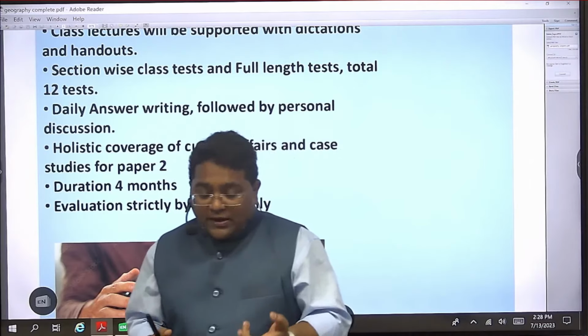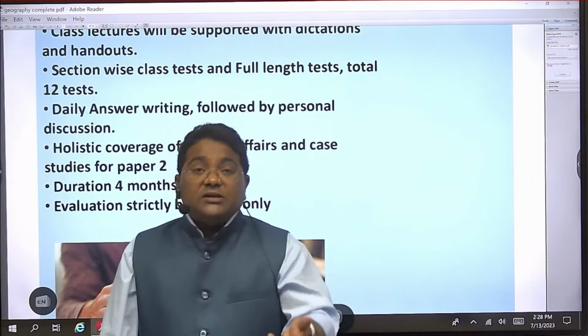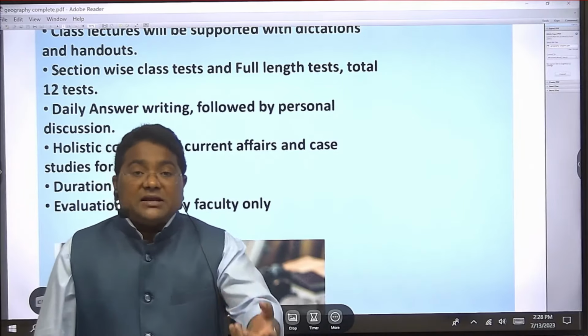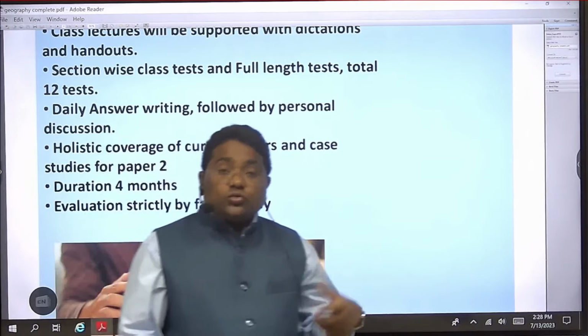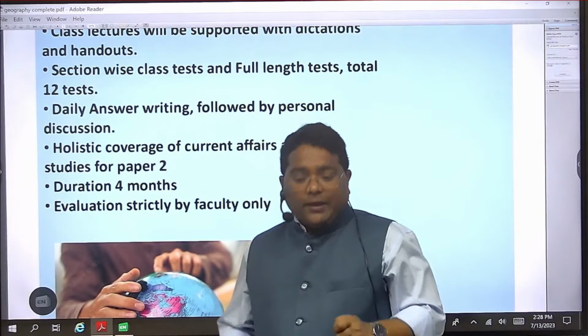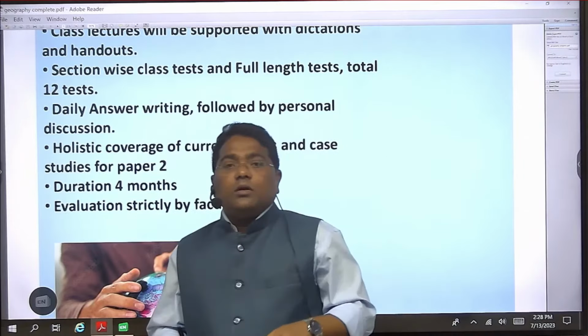For example, you are writing industrial area, try to add Burgess, Christaller, others. For example, you are writing about the agriculture topic, try to write the Von Thünen agriculture model and use it wherever it is required.